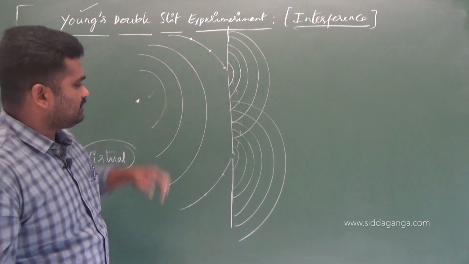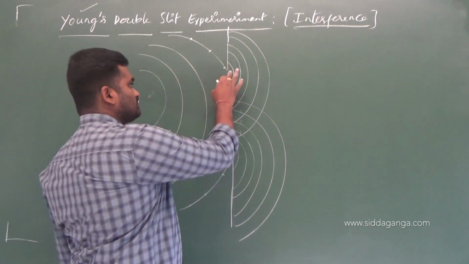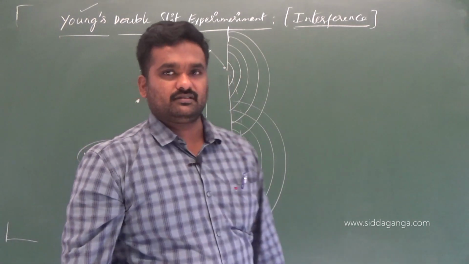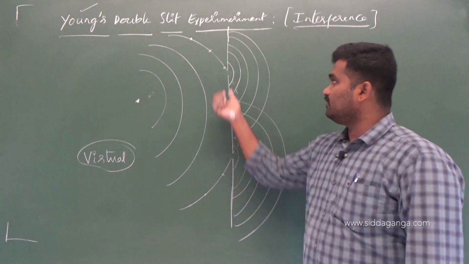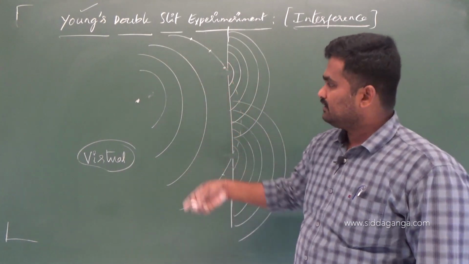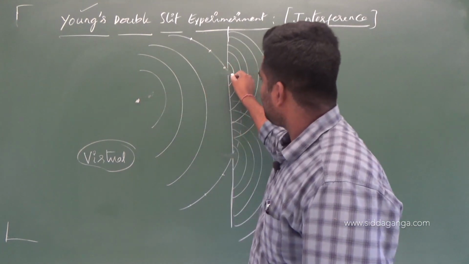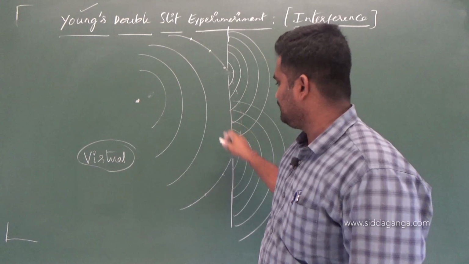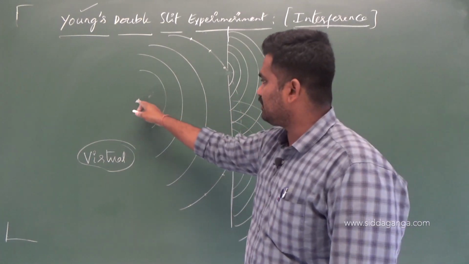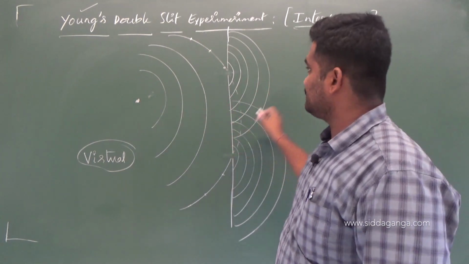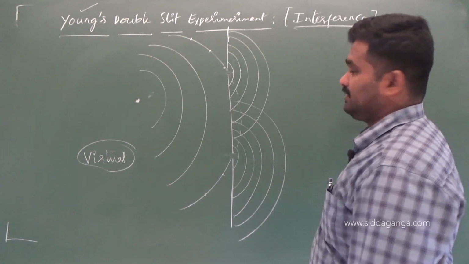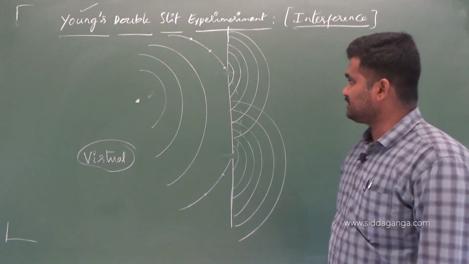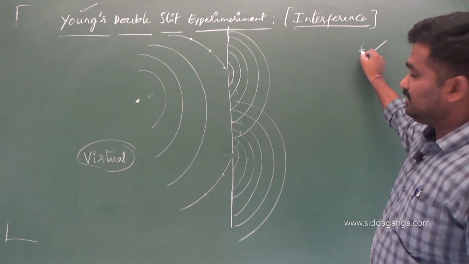Now these two virtual sources will behave as coherent sources. Why? Because both are from the same source. The light coming from slit 1 as well as from slit 2 both are from the same source, which means definitely their frequency will be the same.